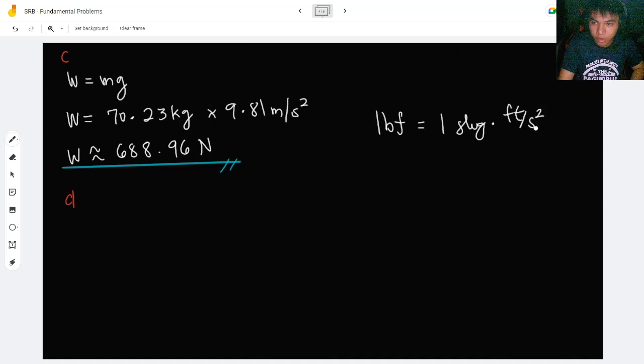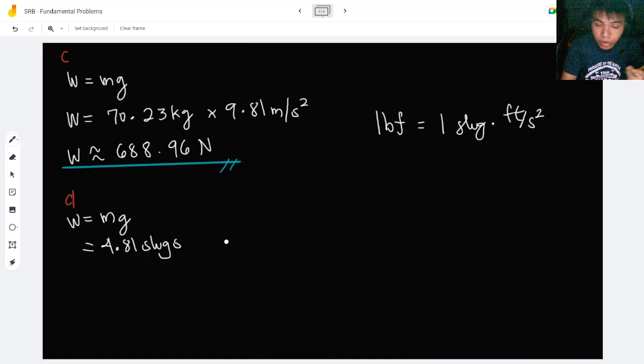Feet per second squared, okay? And luckily we have the value for slugs, and we also have the value for feet per second squared. Using the same formula, weight is equal to mass times gravity. The mass is 4.81 slugs.